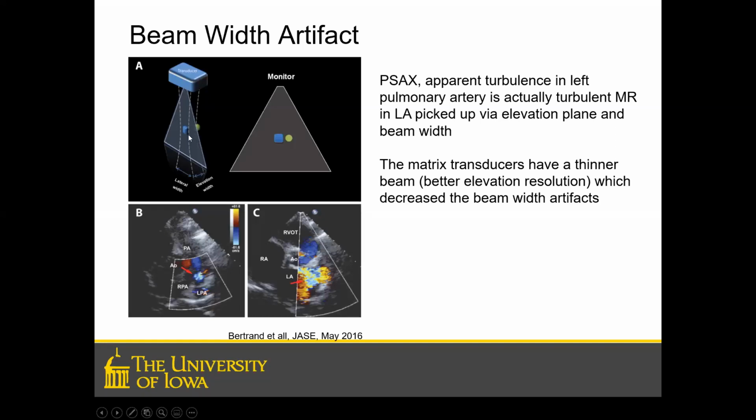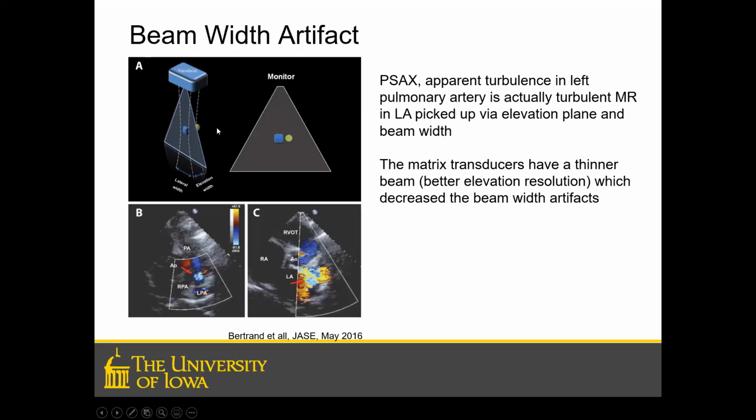So here's your standard transducer. If you look at the beam this way, that's the beam width. That changes when we change our focal zone, but the slice thickness doesn't change, it's fixed. But on a matrix transducer, when we move the focal zone up and down, it changes the beam width location, the narrowest, and it also changes the slice thickness. So it focuses it in both ways.